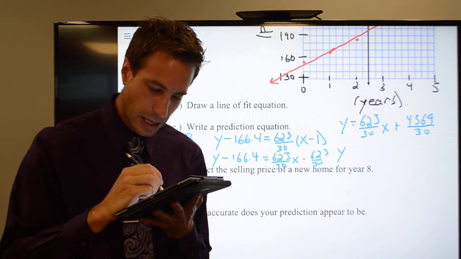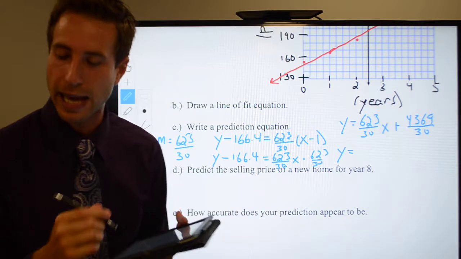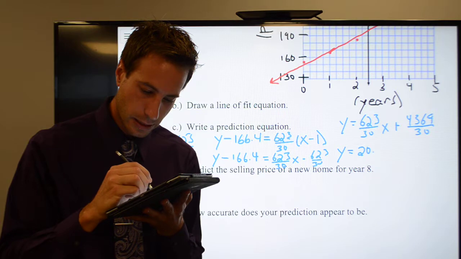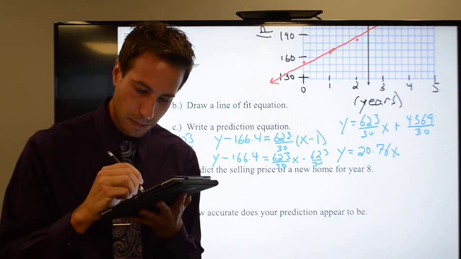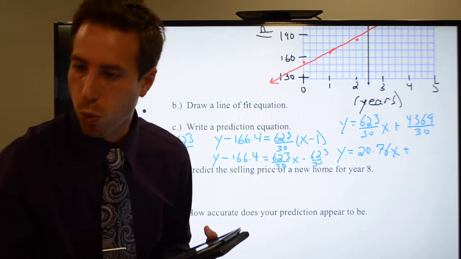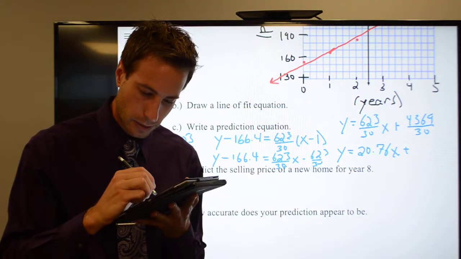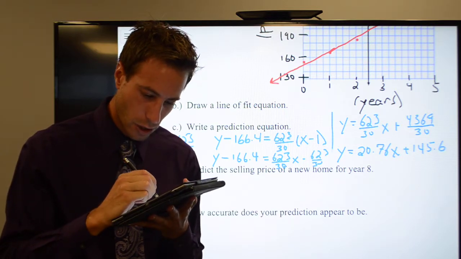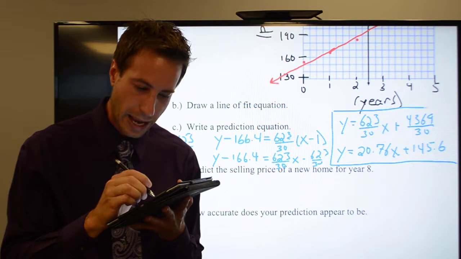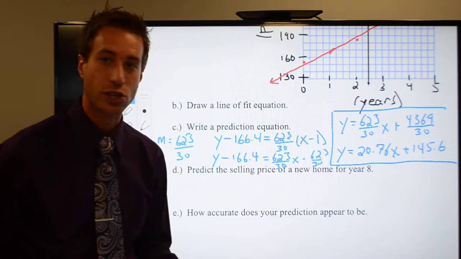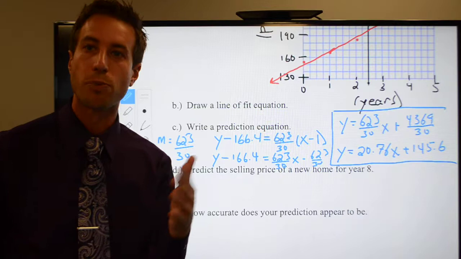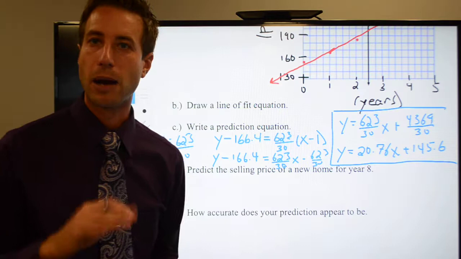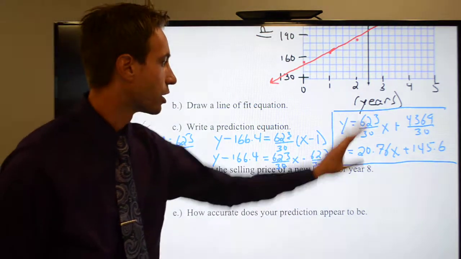And if you write those as decimals, which you certainly can do, it would be 20.76x plus 145.6. All right, either of those are perfectly acceptable answers for our prediction equation. Again, just using the point slope equation of a line, distributing my slope and then adding or subtracting your y value to the other side. So there's my prediction equation.